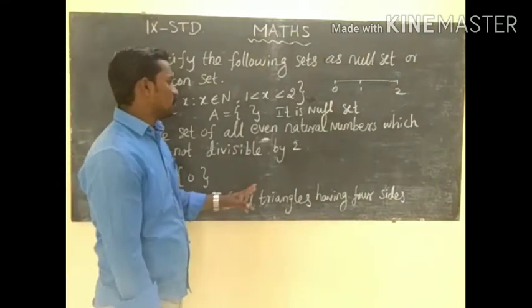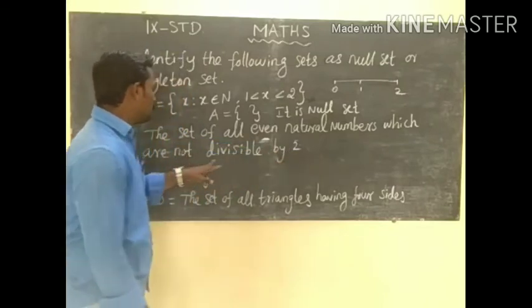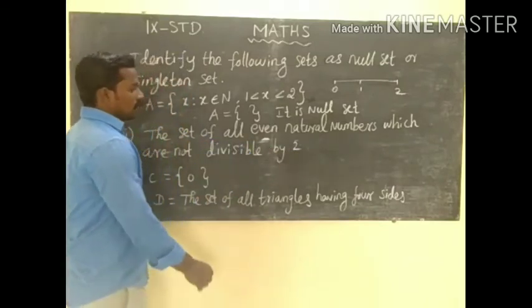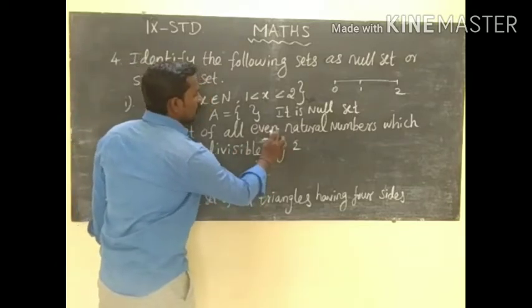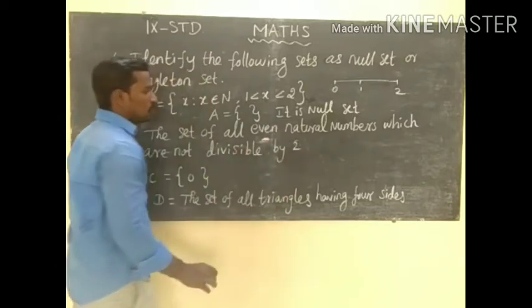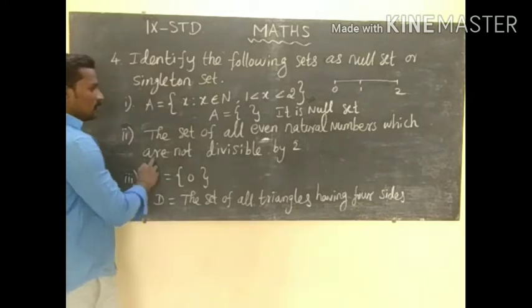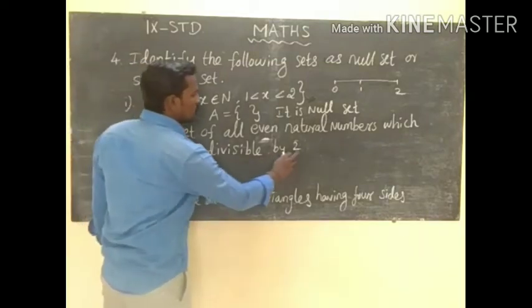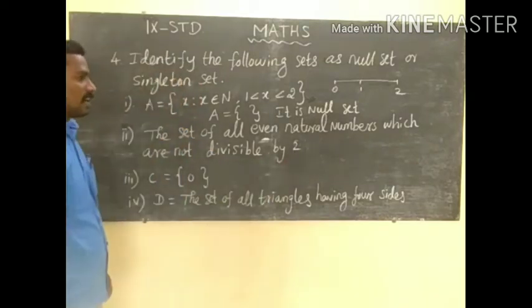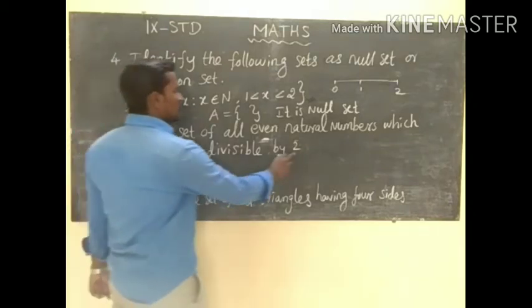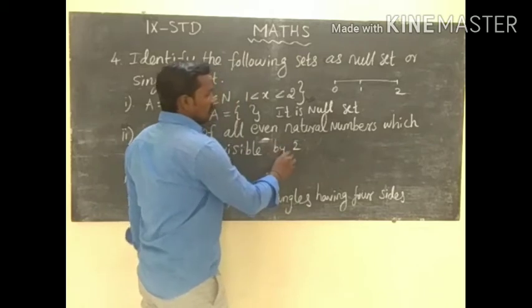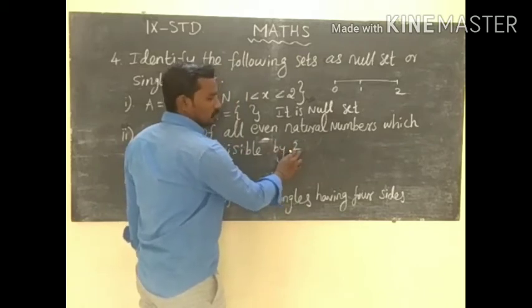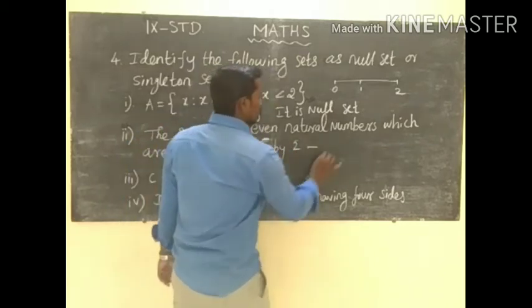This is a contradiction for the statement, because every even number must be divisible by 2. But the question asks for even natural numbers which are not divisible by 2. This is false, so we get the empty set. So it is a null set.